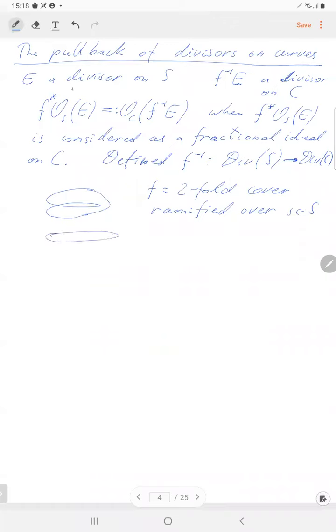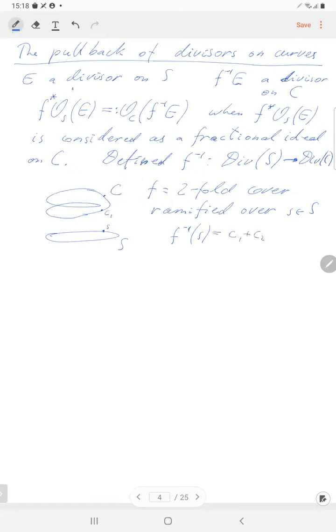So this is S, this is C, and for a typical point here, its pre-image consists of just 2 points. Let me call it S. So F inverse of S is C1 plus C2.